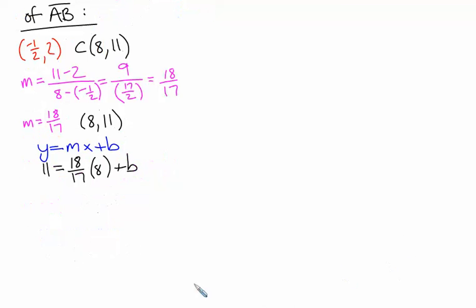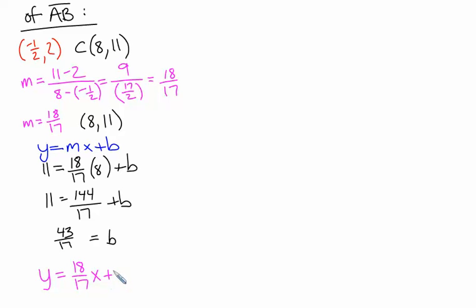Yes, fractions will be a common occurrence with these items, so use your fractions on your calculator as needed. 144 over 17 plus b. We subtract the 144 over 17 from both sides, and we get 43/17 is the b. So the equation of the first median will be y equals 18/17 x plus 43/17.